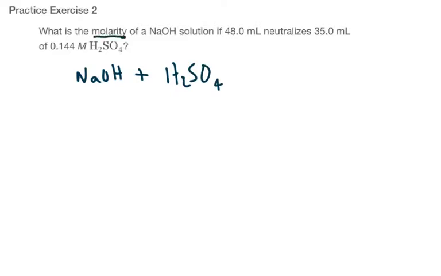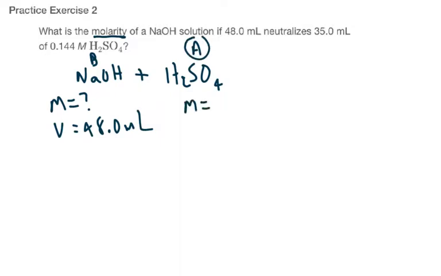According to this, we want the molarity of NaOH, so we're going to call this B. We're looking for the molarity. They do tell us that the volume is 48 milliliters. And it neutralized this given information here. They give you the concentration of sulfuric acid at 0.144 molar. They also give you the volume. We'll change that to liters in a minute. And we're going to do a similar solution stoichiometry problem.